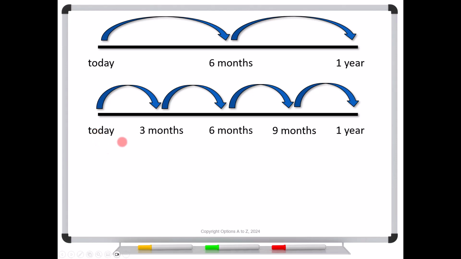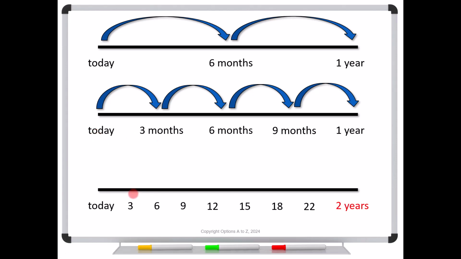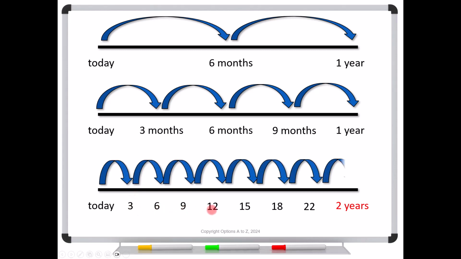And finally, if it's compounded quarterly but for 2 years, now there's going to be 8 payment periods. You're going to get one in 3 months, 6 months, 9 months, every 3 months for 2 years. So notice that we now take 4 periods per year times 2 years, which is 8 periods.